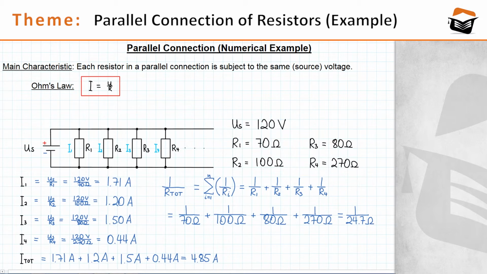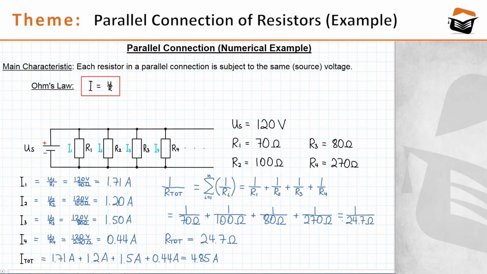And since this whole thing is an inverse, we have computed not the total resistance, but the inverse of the total resistance. That means that the value of the total resistance is equal to 24.7 ohms. Okay, so don't forget to add these fractions and then to take the inverse of your result.